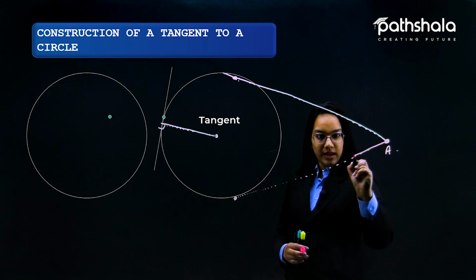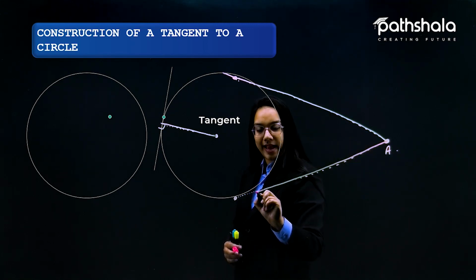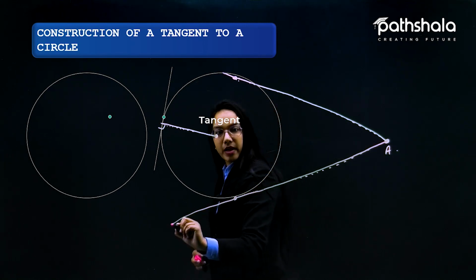Then again, through this point only one tangent can pass, that is this.